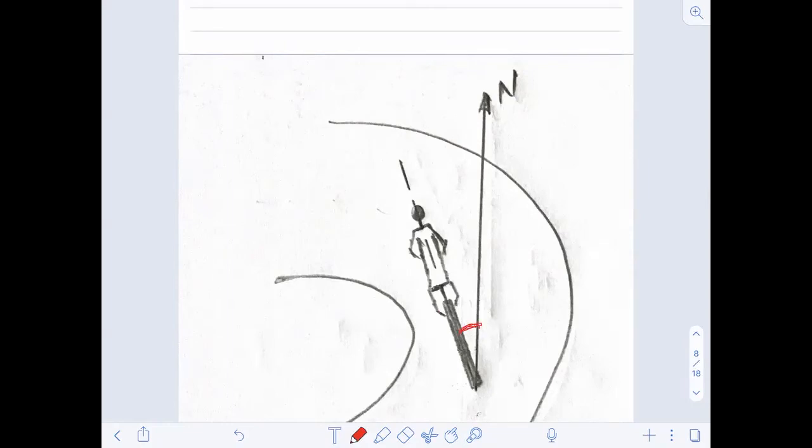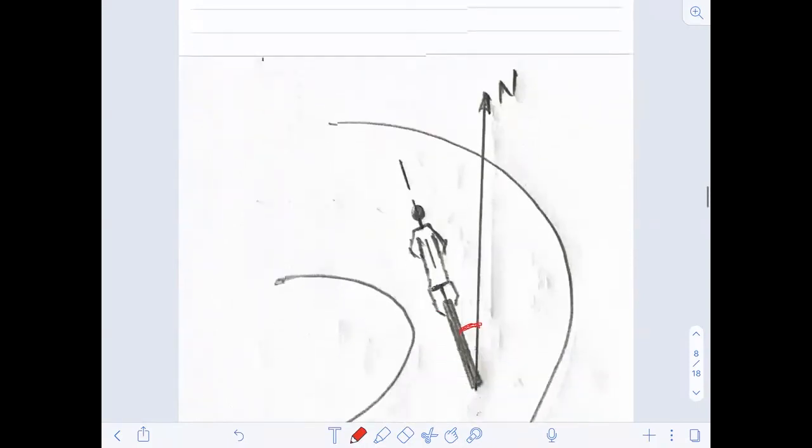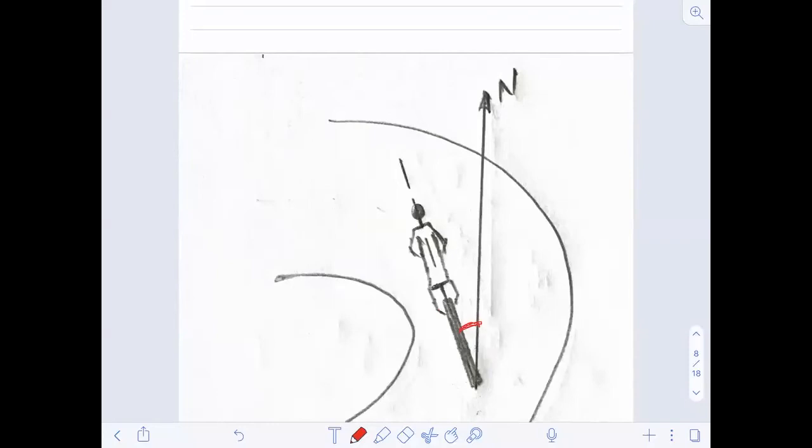Now, my question to you is, suppose this person does not tilt on the circular track, what will happen? I want the answer in the chat. Anyone? What will happen if this person is not tilting on the circular track?